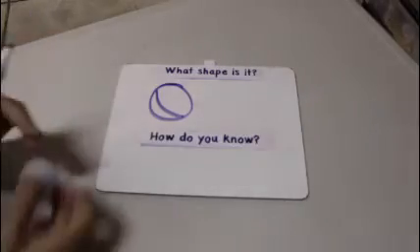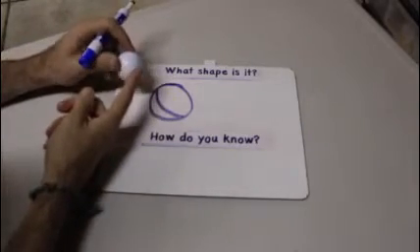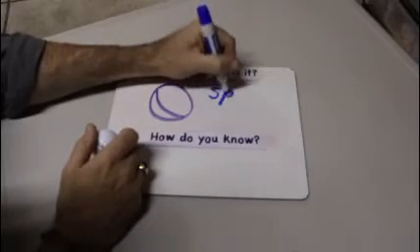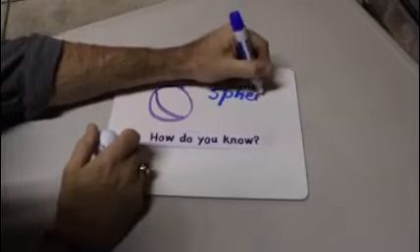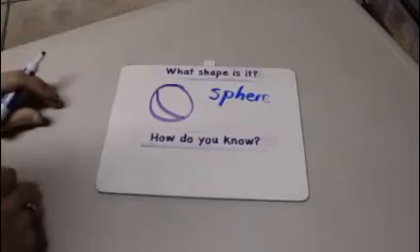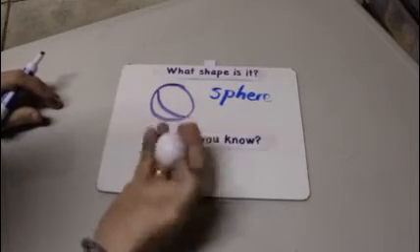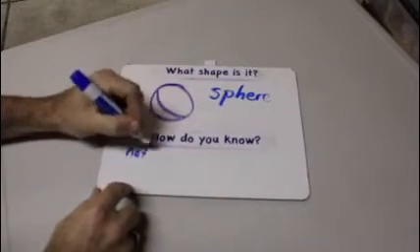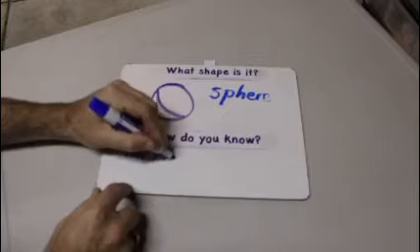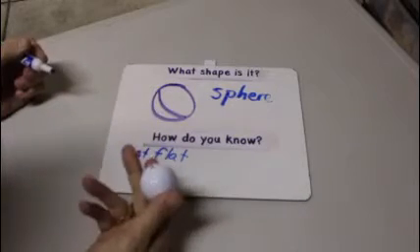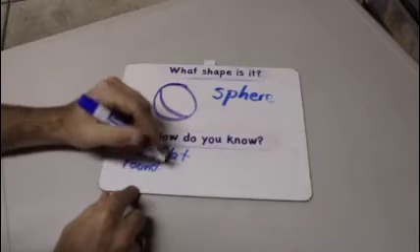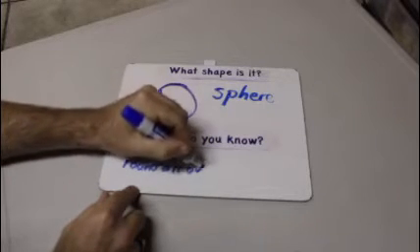What shape is it? Here's a drawing. Here's a real one. It's a sphere. Sphere. Okay? How do you know? It's not flat. It's round all over.